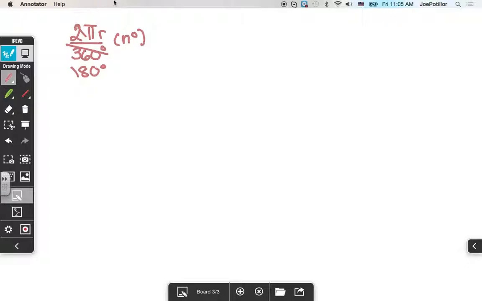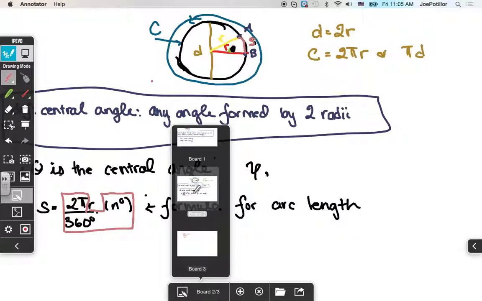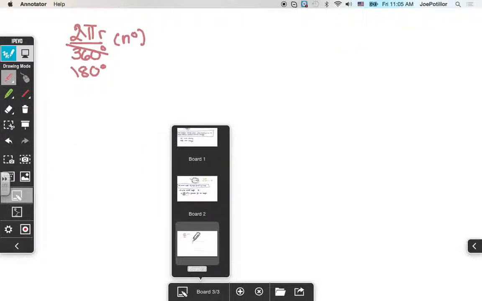And since you guys are all familiar with degrees, oops, let me go back. Back to board 2 for a minute. Oops, I wrote the R by accident.